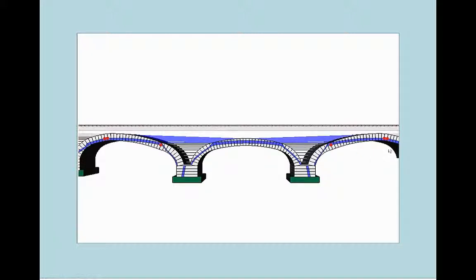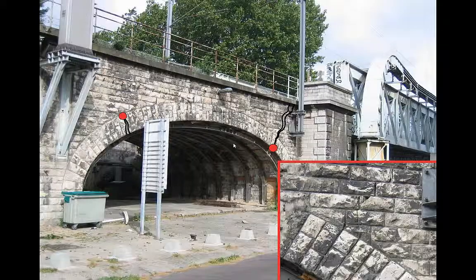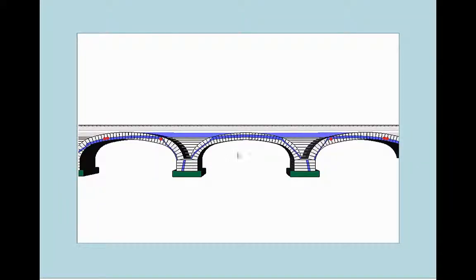and this is showing two intermediate piers moving downwards, and you can see the locations of the hinges in the spans. And so the locations of the hinges in the spans are relatively similar to the locations of hinges that we see in practice.